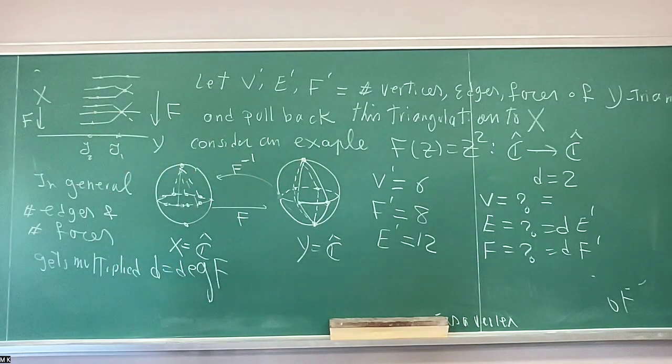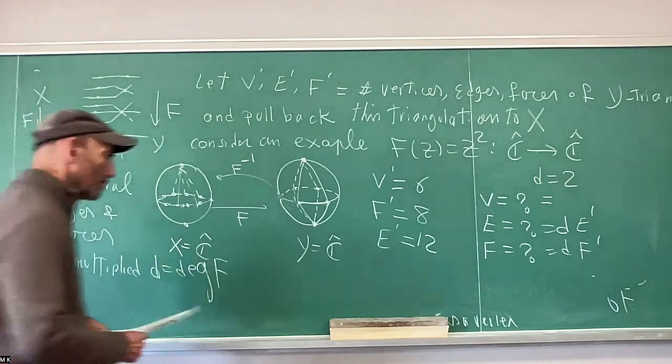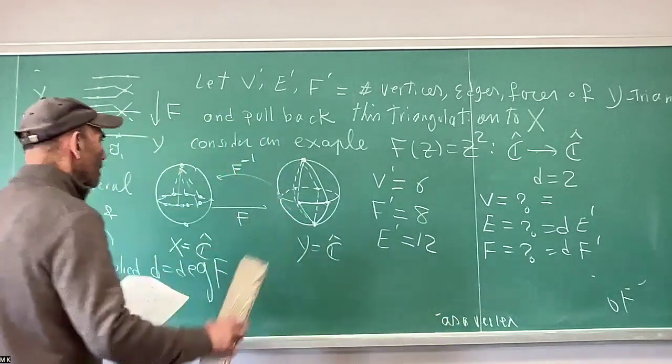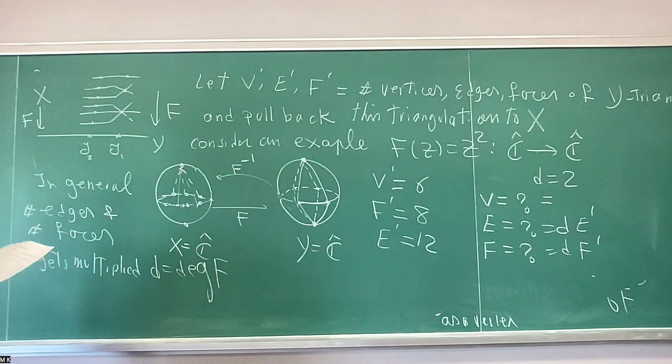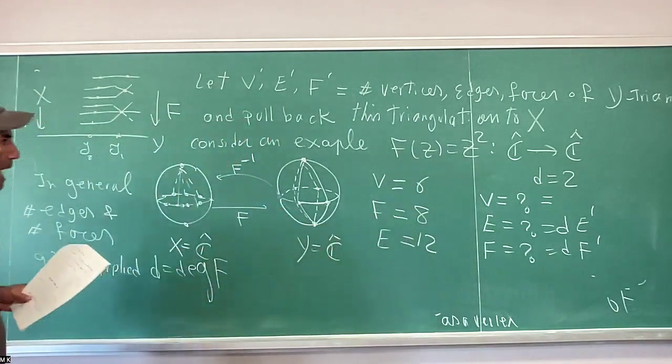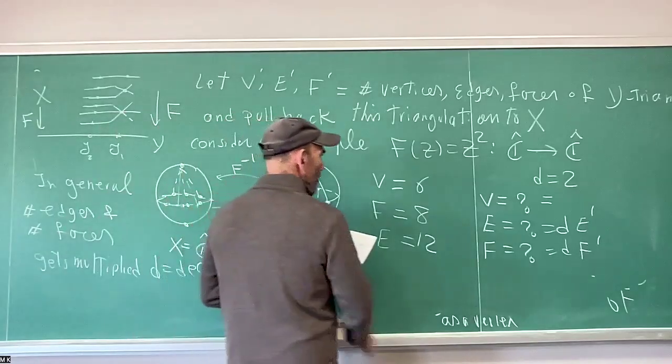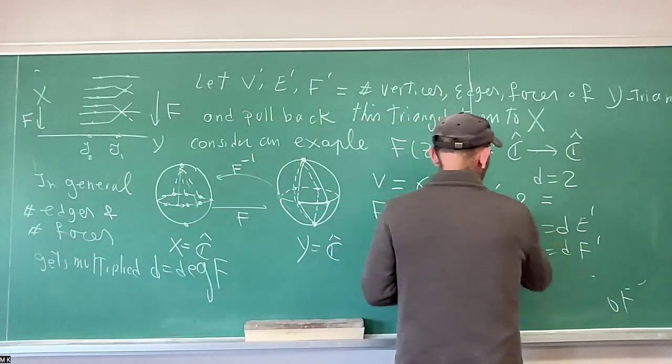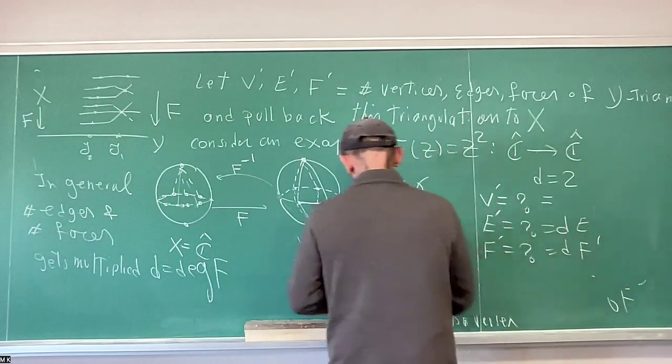Okay, so now the general formula that I wrote, I can organize it like this. My notation here is the opposite, so I'm going to use V for this one, and I'm going to use D prime, E prime, F prime.